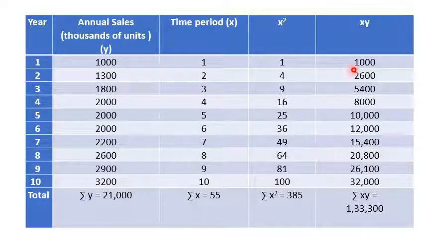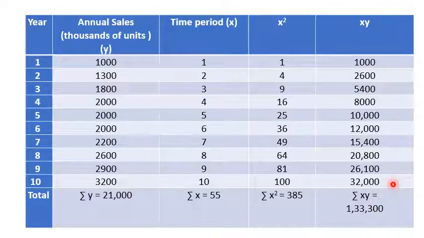This column gives you the product of x and y: 1000 into 1 is 1000, 1300 into 2 is 2600, and so on for all the values. 3200 into 10 is 32,000. So sigma xy is 1,33,300. This is how you prepare the table before you start the regression.